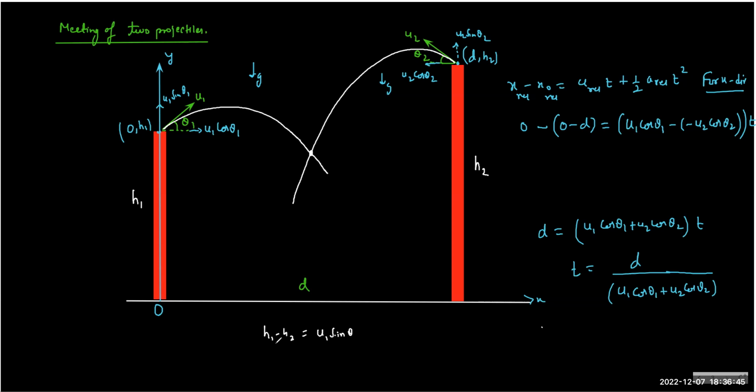Correct, because when you're writing the answer equation, it is 0 minus this, minus of H1. So then this is correct. T turns out to be H2 minus H1 upon U1 sin theta 1 minus U2 sin theta 2.